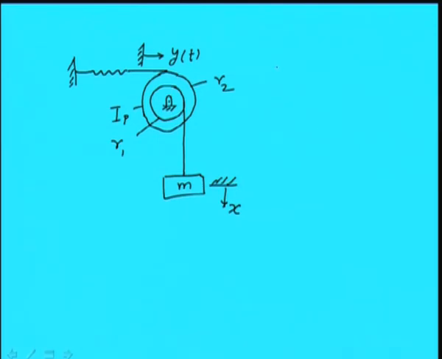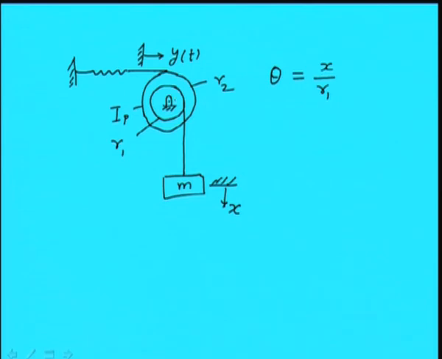As we know, if the flywheel is getting rotated by theta angle, if this is the x displacement, and because of that this is rotating by theta angle, so we will be having theta is equal to x by radius of that particular circle.